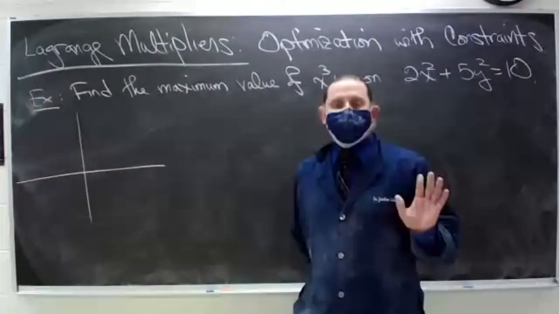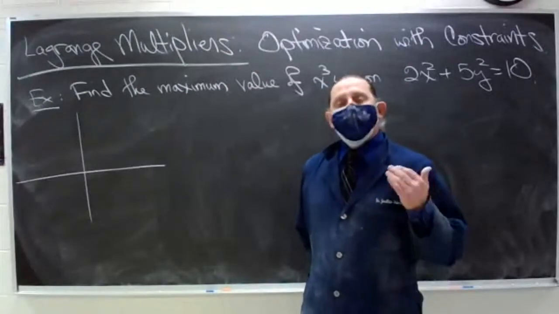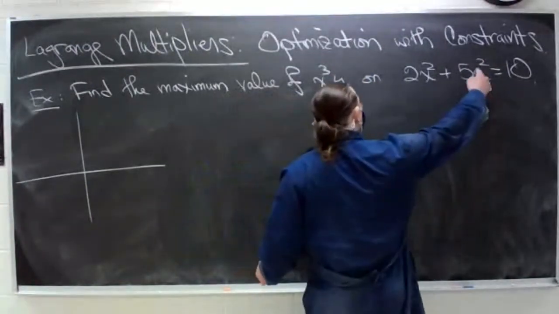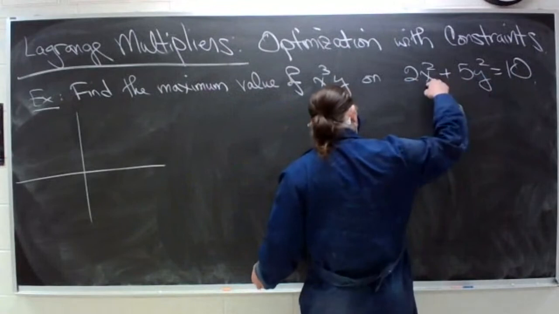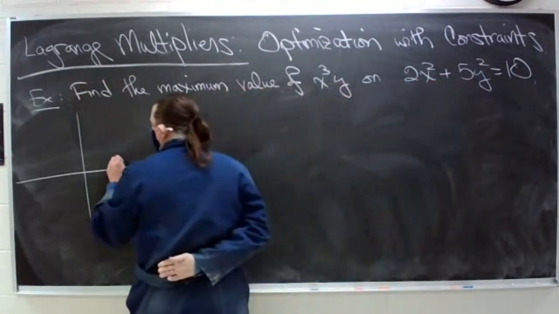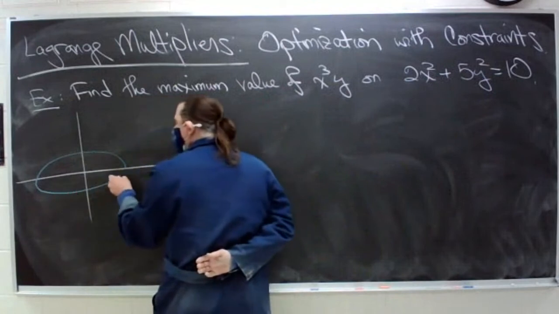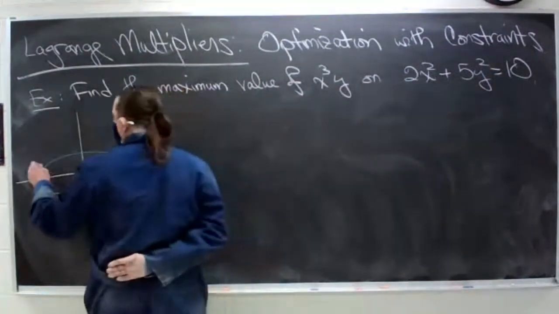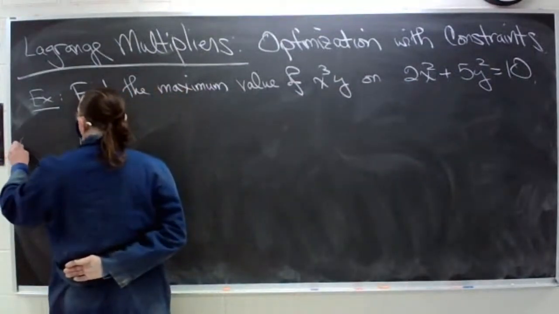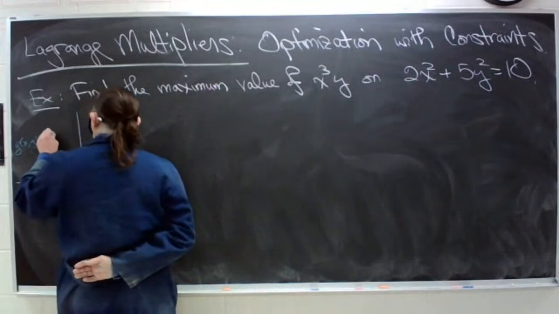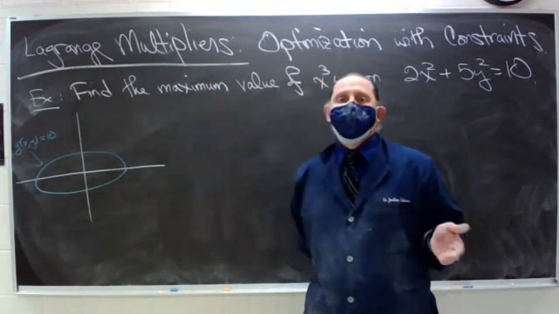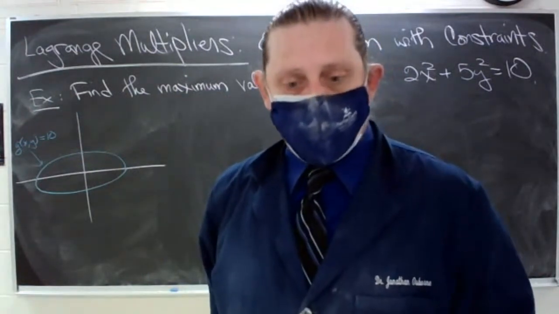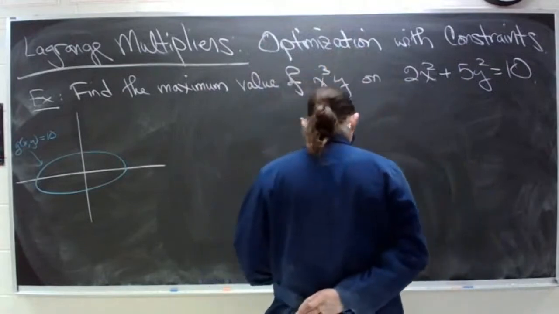So the geometric way goes like this. We're going to graph our constraint. Clearly, y can't get as large as x can. So the ellipse is going to look like this. All right? Now what we're going to do is graph some level curves of the function that we would like to extremize, x cubed y.